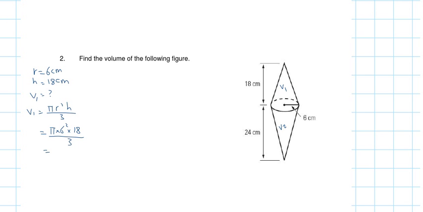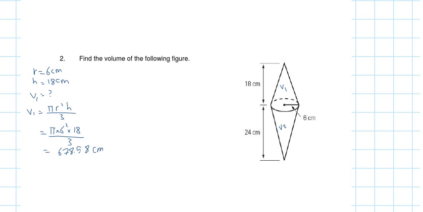What is it? 678 point. I can't, so pi. 678.5. Okay. And what's the unit for that? That's going to be centimeters cubed.